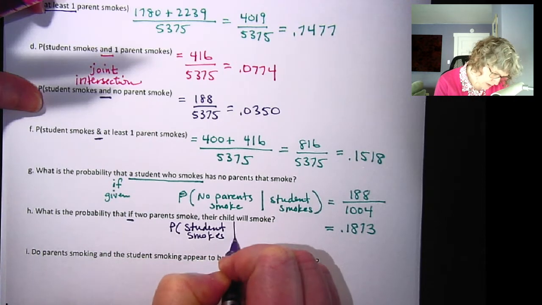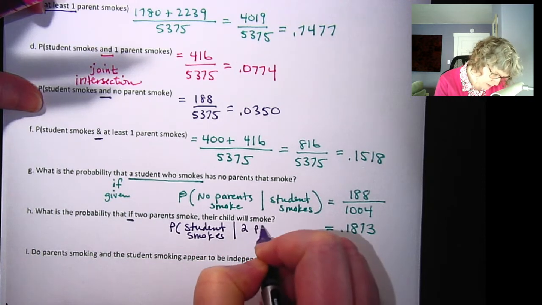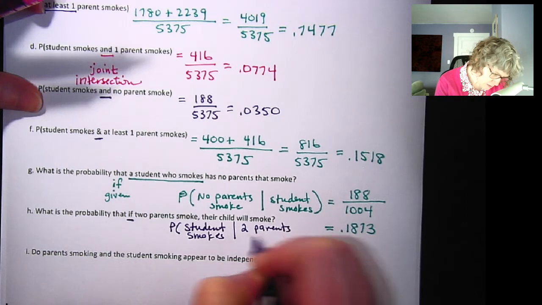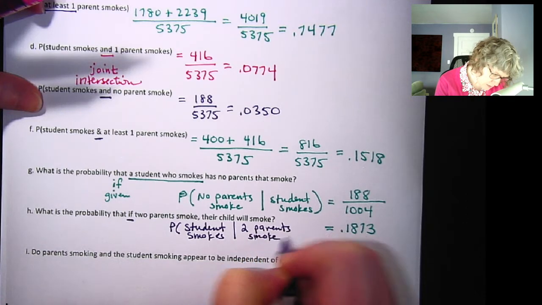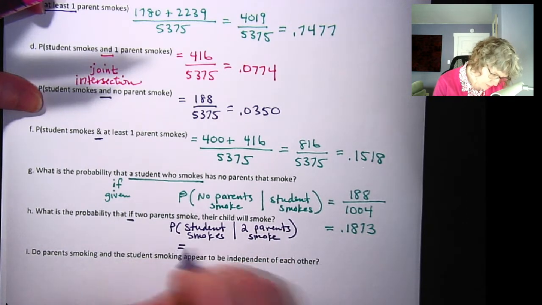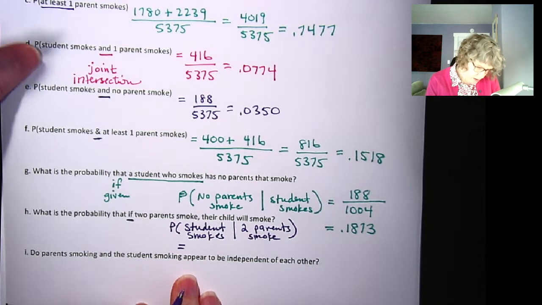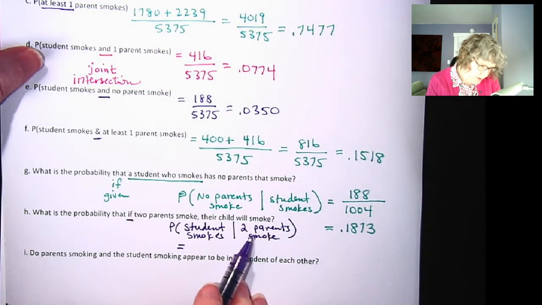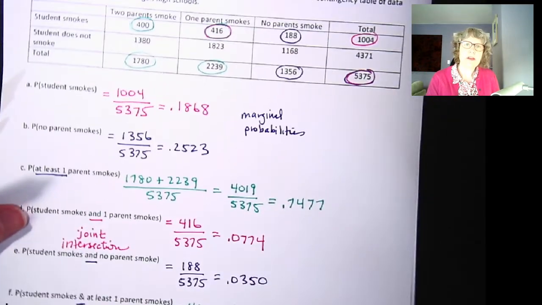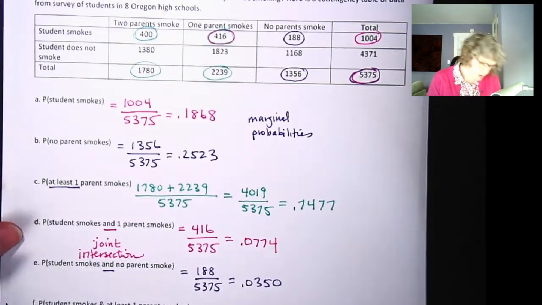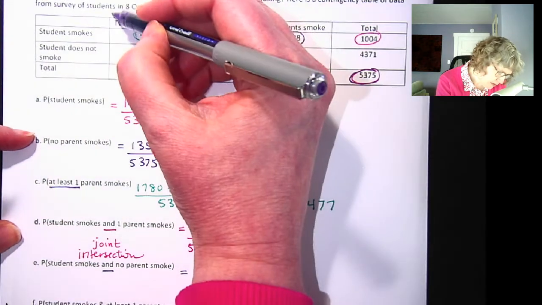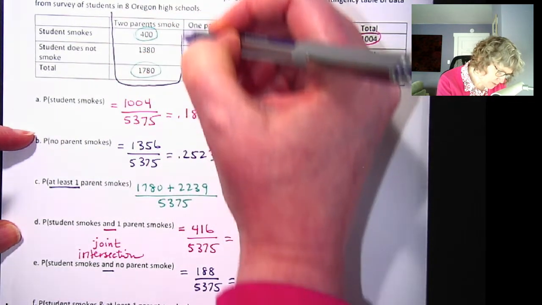Student smokes given two parents smoke. This is a great example of our given condition being a column instead of a row.